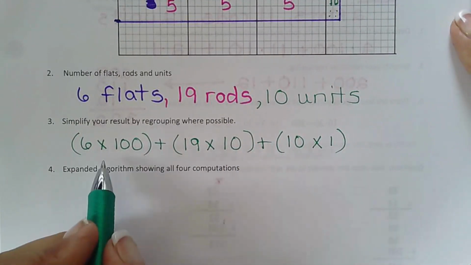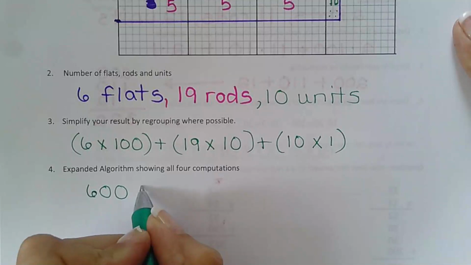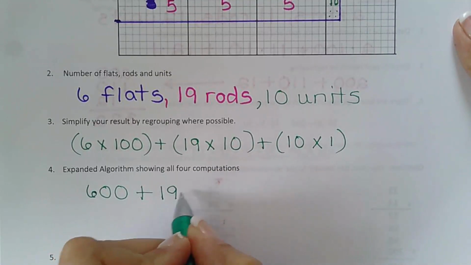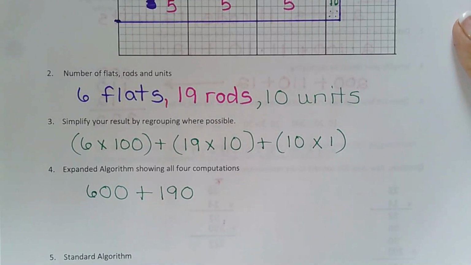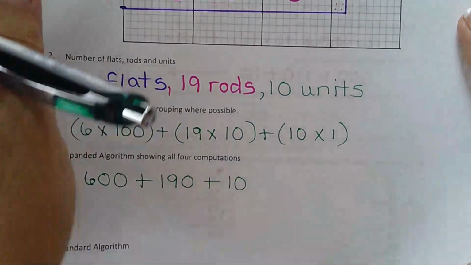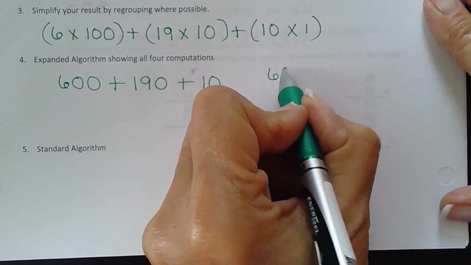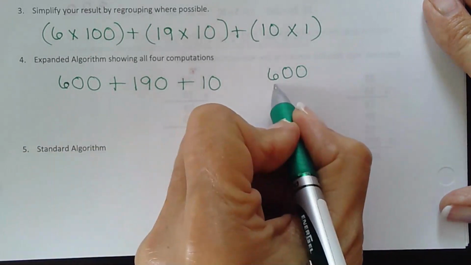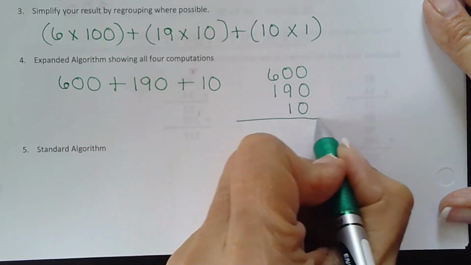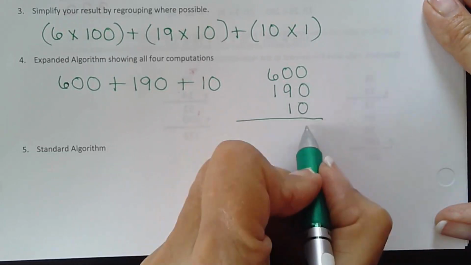And expanding that would be 600 plus 19 times 10. You remember, you just add a 0 when you're multiplying by 10, plus 10 times 1. Then we line all the numbers up from the back, 600, 190, 10. And then we add, and that will be the area of the figure above.